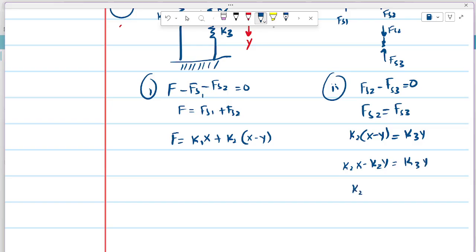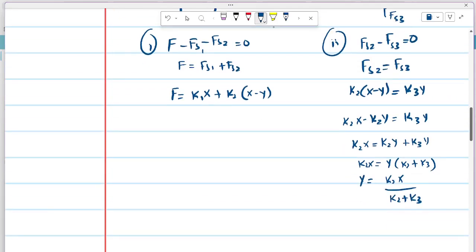K2 x equals K2 y plus K3 y, and taking y common, K2 x equals (K2 plus K3) y, so y equals K2 x divided by K2 plus K3.